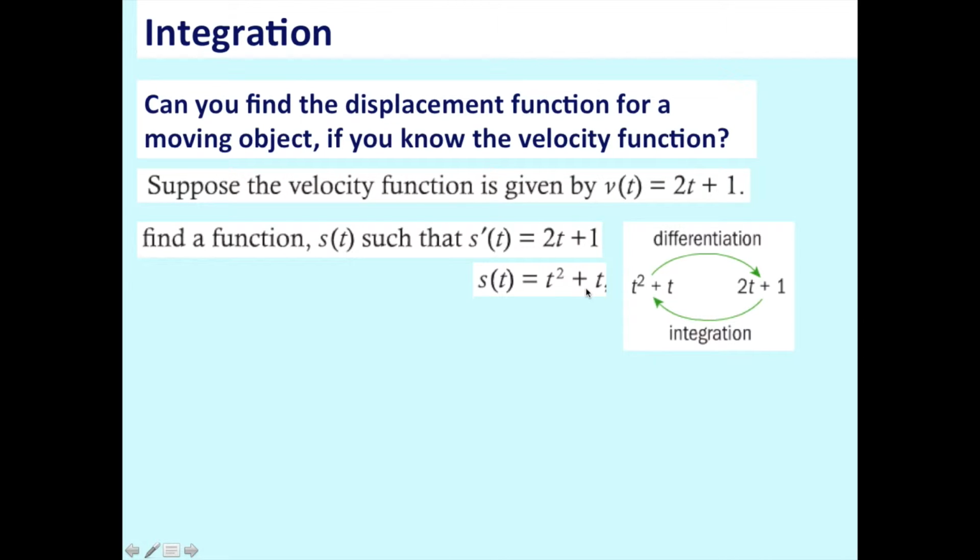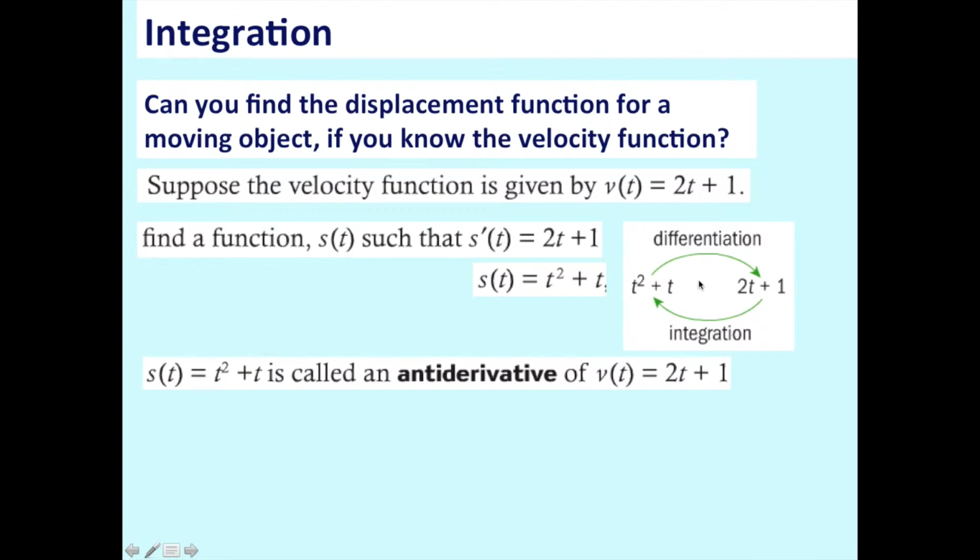This is the process of integration. However, as we'll see in a minute, there's more than one solution here. This is not the only solution. But at this stage, let's just note that the process, what we've just done, working backwards, is called integration. If we're given a function and we want to find what's called an anti-derivative, so that when we differentiate this, we get back to the beginning, this whole process is called integration, and effectively it's the opposite of differentiation.